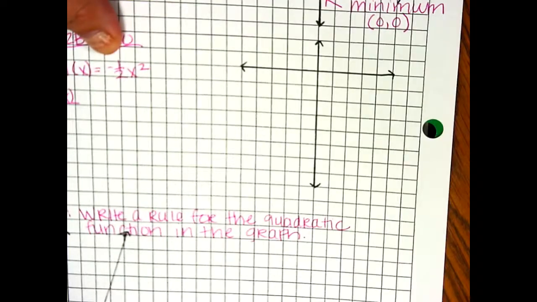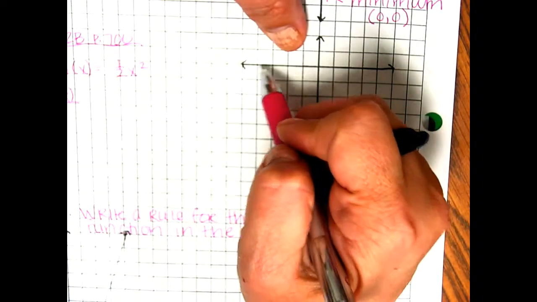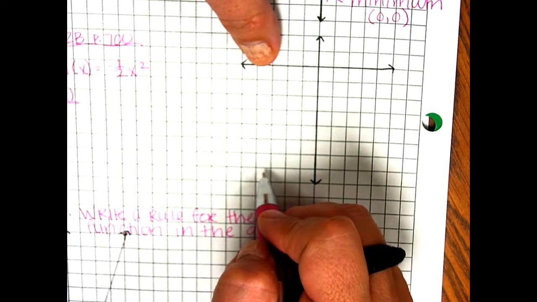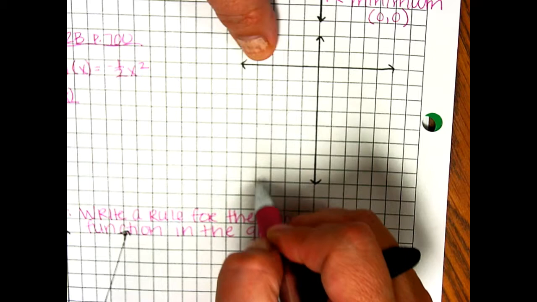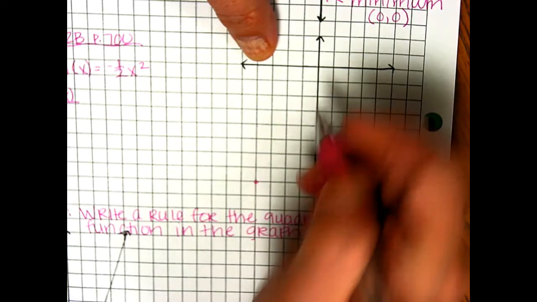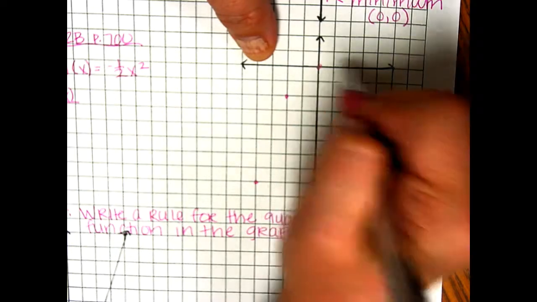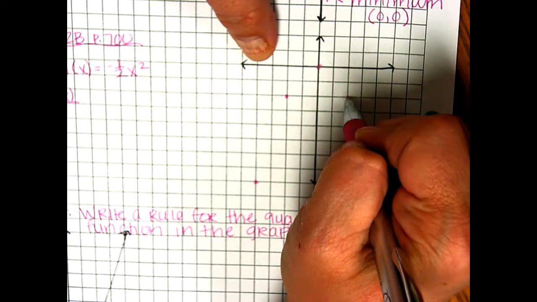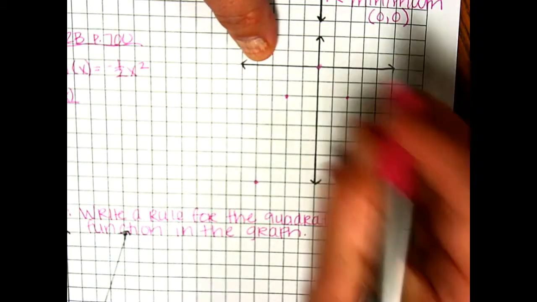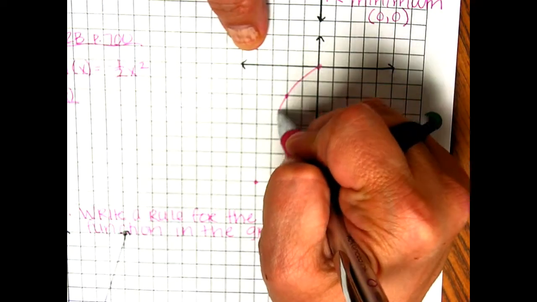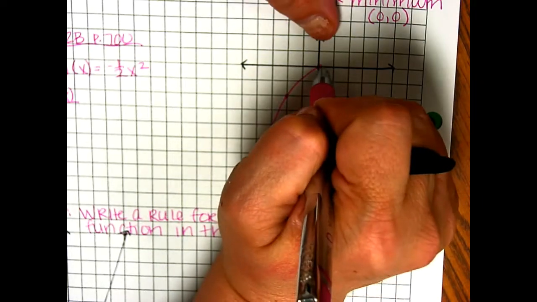Okay, I'm going to graph the points. So I have -4, -8, -2, -2, 0, 0, 2, -2, and 4, -8. And again, when you connect the dots, you need to make your line curved.